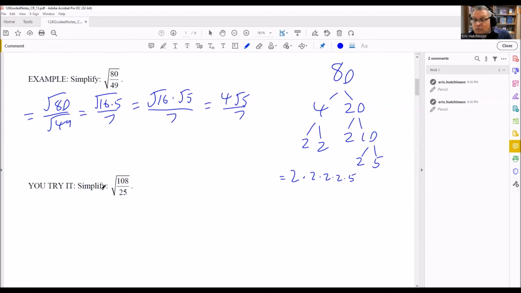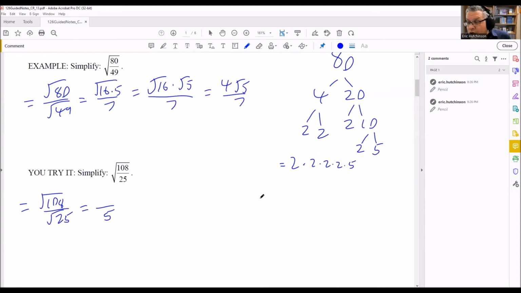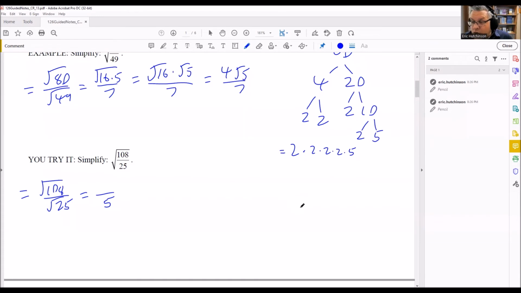Now let's do the same thing with the 108. Okay, so again, we'll first start by writing it out as the square root of 108 over the square root of 25. And we get a 5 on the bottom there, but the 108 is one where we want to go ahead and work with that one.